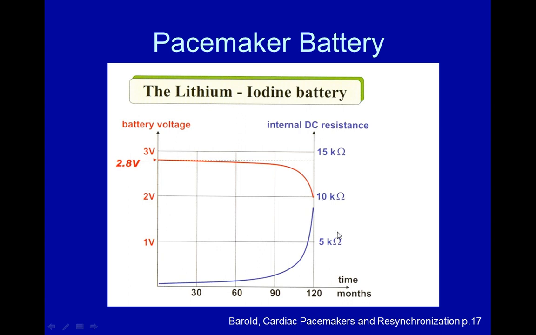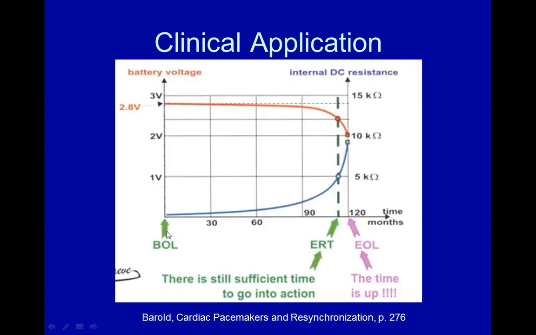And you can see I've placed on here some terms that you'll use. BOL you'll see on a programmer sheet, and that refers to the beginning of the battery's life. ERT is the elective replacement time, and that happens at about a 2.5 volt or 5 kilo ohm internal resistance.